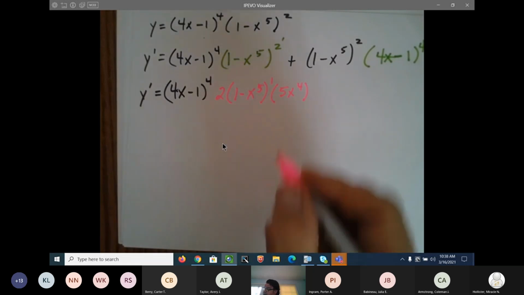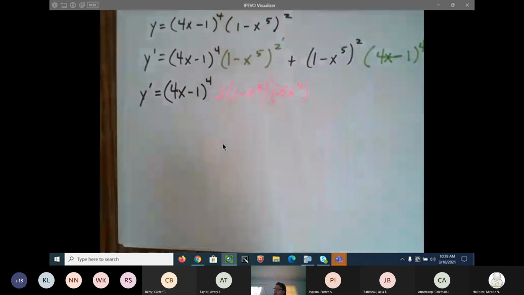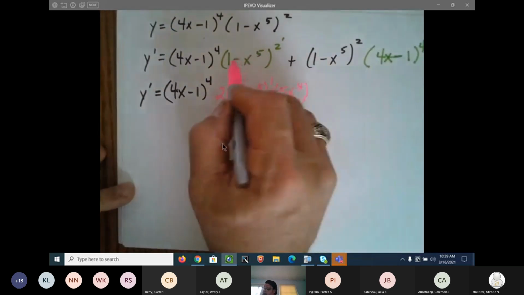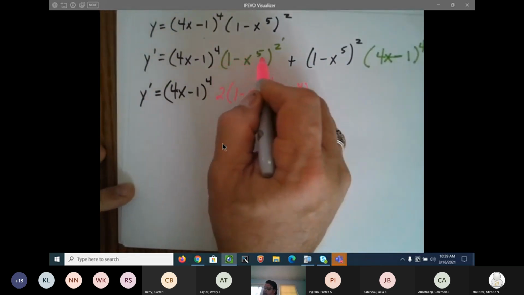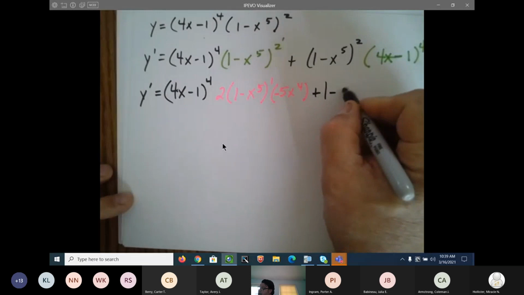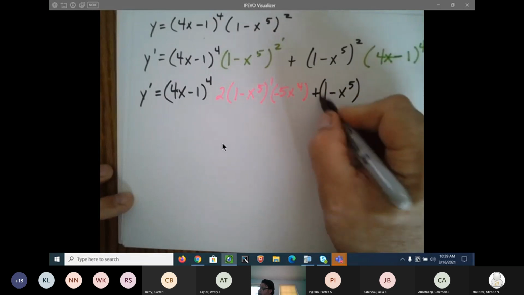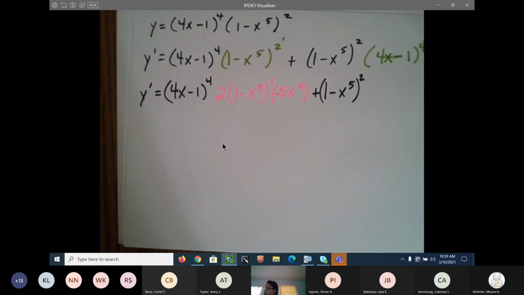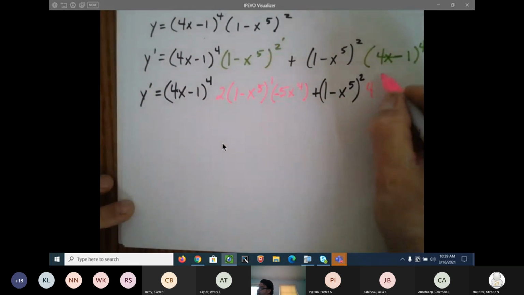Be a negative 5x to the 4th, wouldn't it? Yeah, because 0 minus 5x to the 4th is negative 5x to the 4th. And then plus 1 minus x to the 5th squared. And this is going to be 4 times 4x minus 1 to the 3rd power times 4.